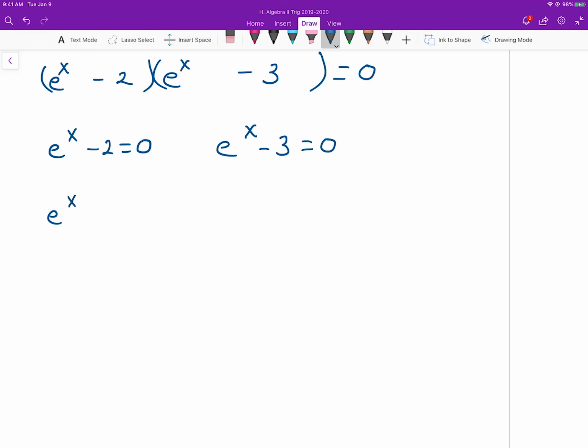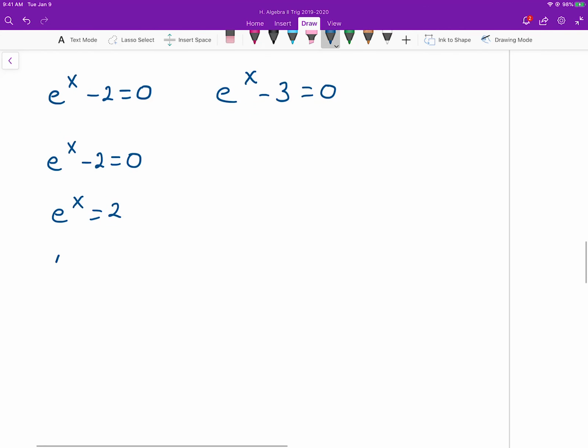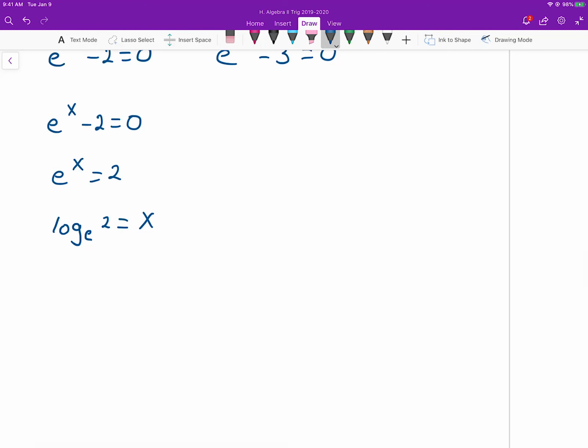We have e to the x minus 2 equals 0. That'll give us e to the x equals 2, and that'll be log with a base of e, 2 equals x, and now I'm starting to notice more when I have a base of e, that's our natural log, of 2 equals x.